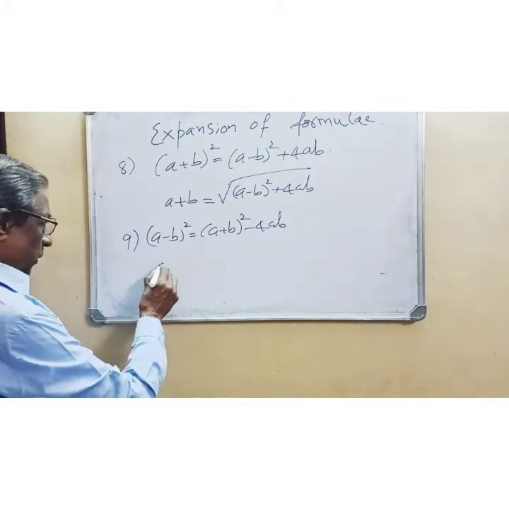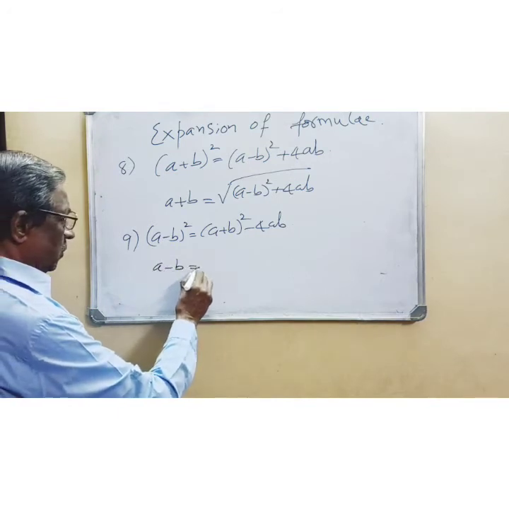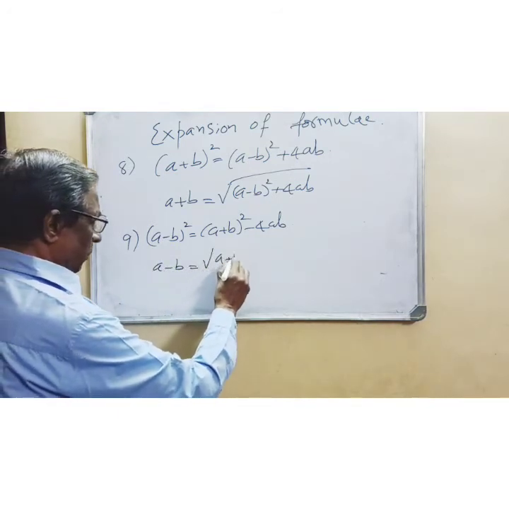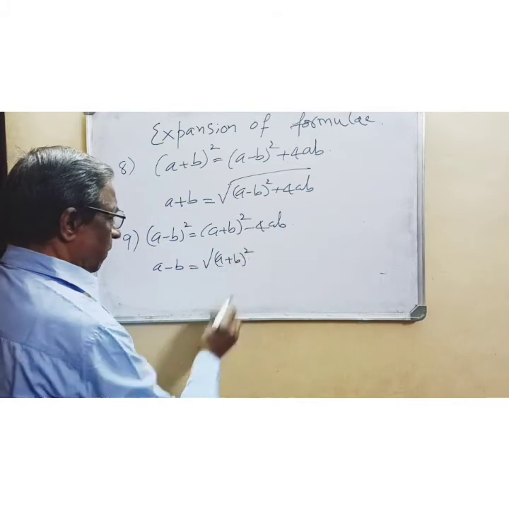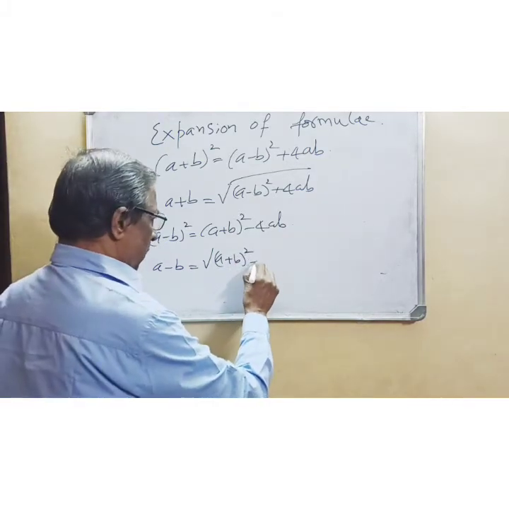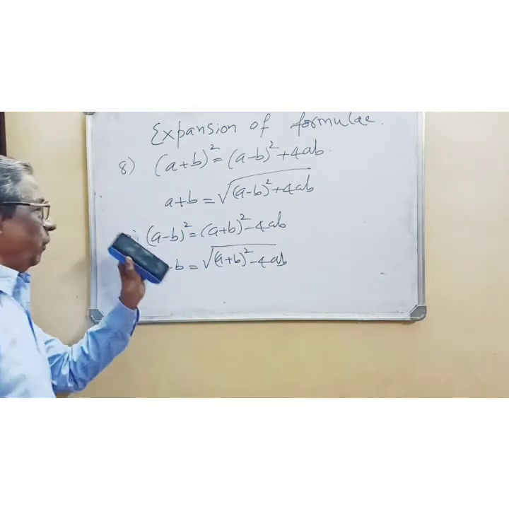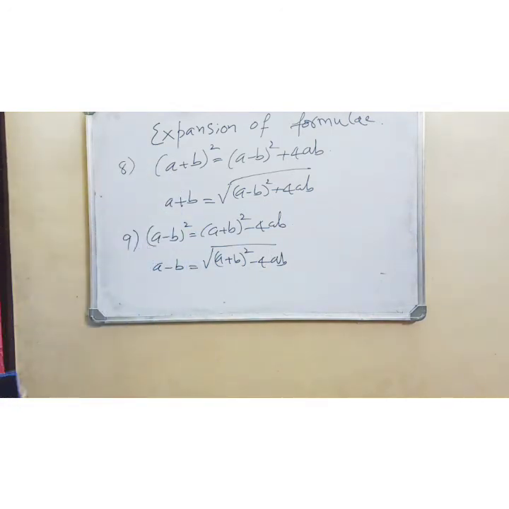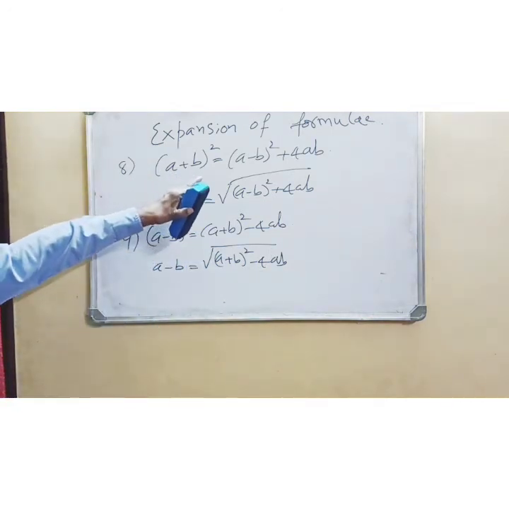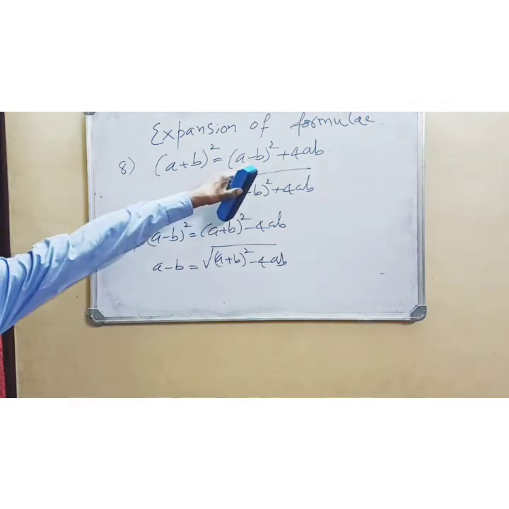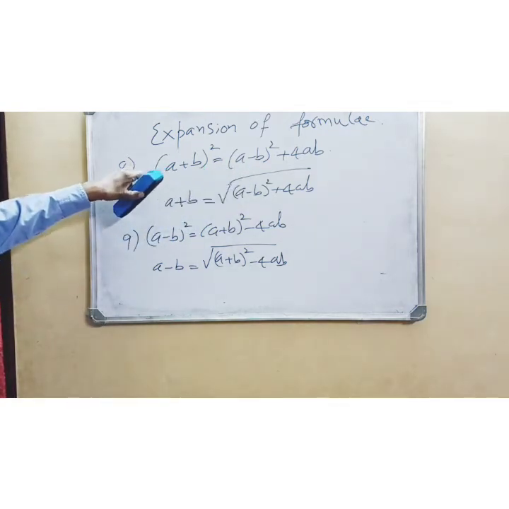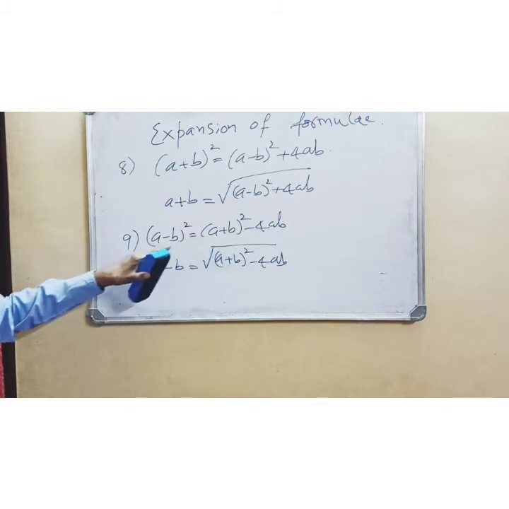So a minus b is equal to square root of a plus b bracket square minus 4ab. This is how these formulae are very important. Whenever a minus b is given, you can find a plus b. Whenever a plus b is given, you can find a minus b.